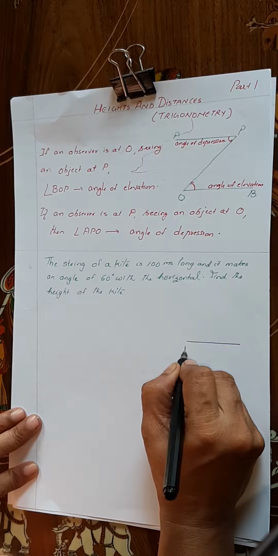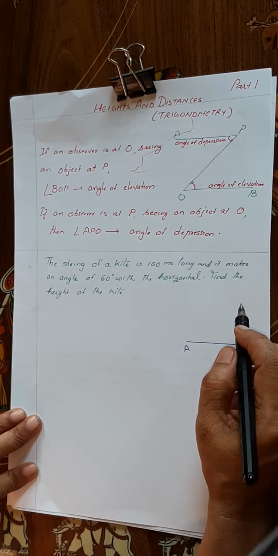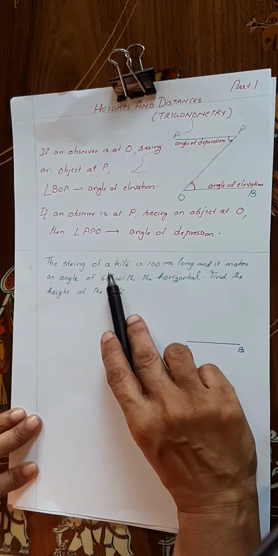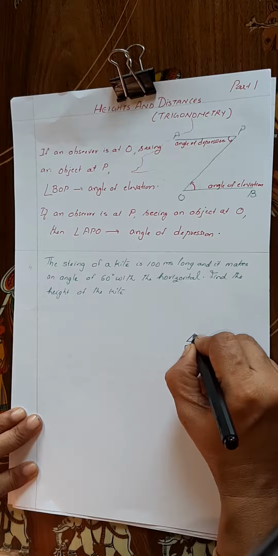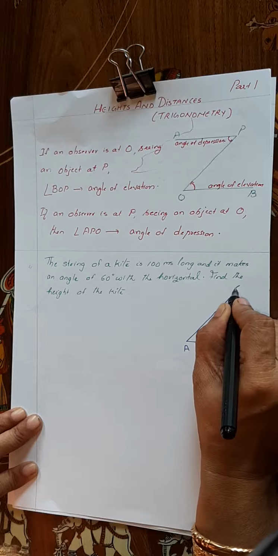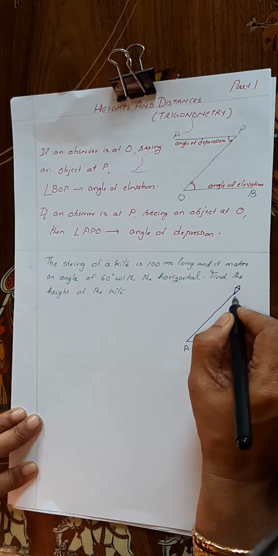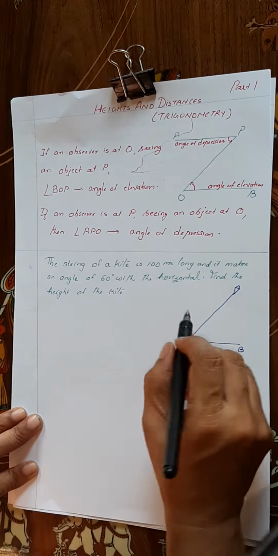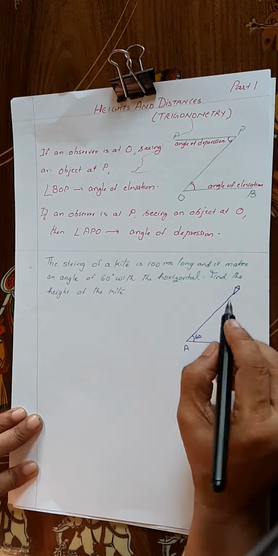This is A, B, and here is the kite, making 60 degrees.